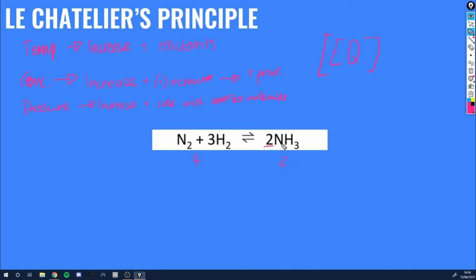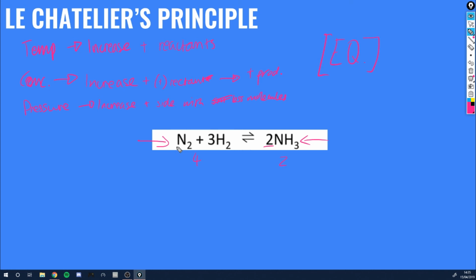So when you increase the pressure, you'll get more ammonia molecules, and if you decrease the pressure, the opposite, you'll get more reactants, more nitrogen and hydrogen.